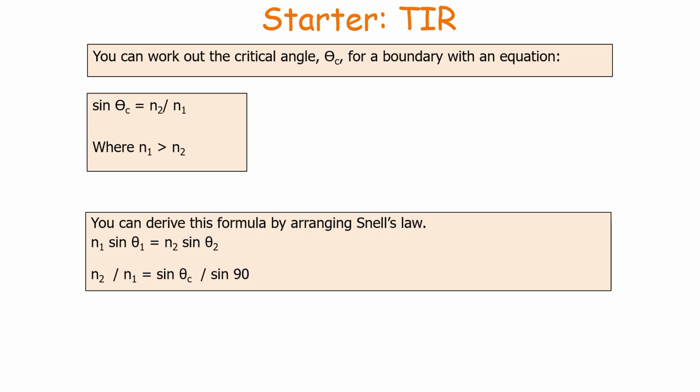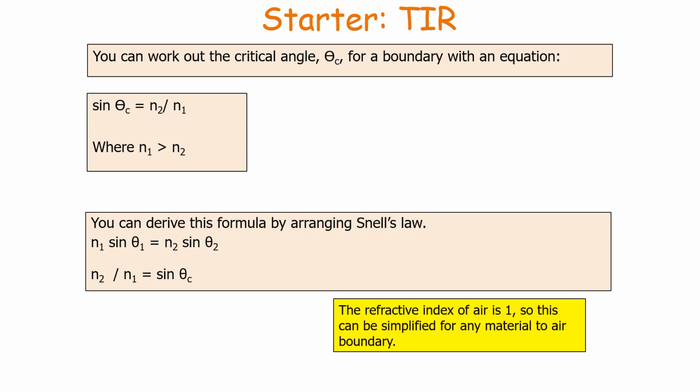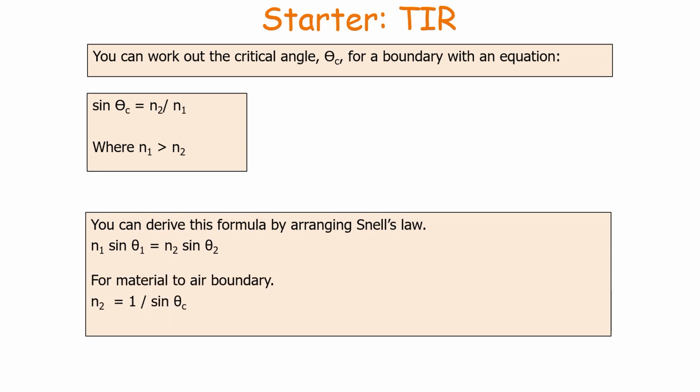We know sine 90 is equal to 1, so therefore we can say n2 over n1 equals sine critical angle, as shown in our equation. Now remember, the refractive index of air is 1, so this can simplify the equation for any material which has air as a boundary. So if we know the material to air boundary has n2 equal to 1, we can say n1 is equal to 1 over sine theta critical angle.